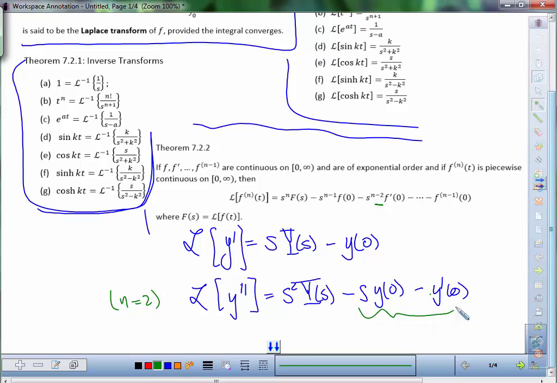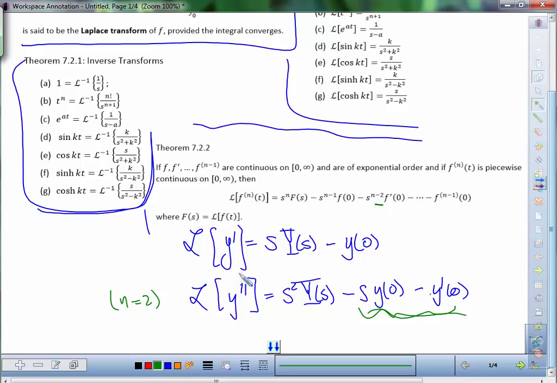Whenever you do Laplace transform, you're doing them from an initial value problem, and so your initial conditions are going to be involved there. So your initial conditions for your second derivative are incorporated into that Laplace transform.